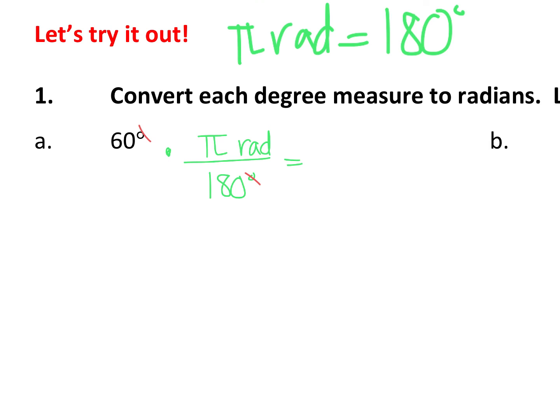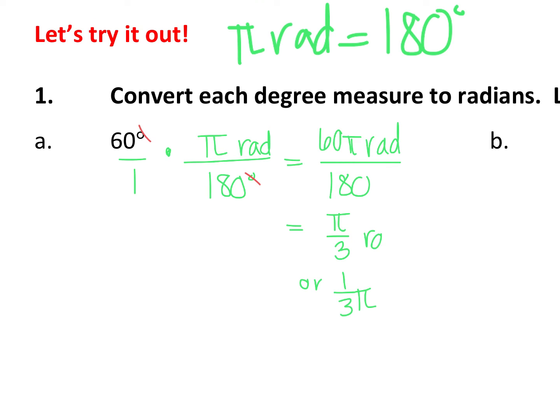I would multiply across, so 60 times pi is 60 pi radians over 180. I'm going to simplify this. It's going to equal pi over 3, or 1/3 pi, and then I'm in radians.